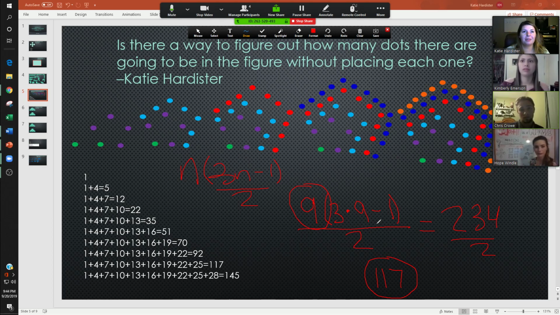It was n times 3 times n minus 1 all over 2, and that is used to find whichever number you are looking for in the sequence. So if I wanted to find the 100th figure, how many dots would be there, all I would have to do is plug in 100 for n. Yes, ma'am. That's awesome.